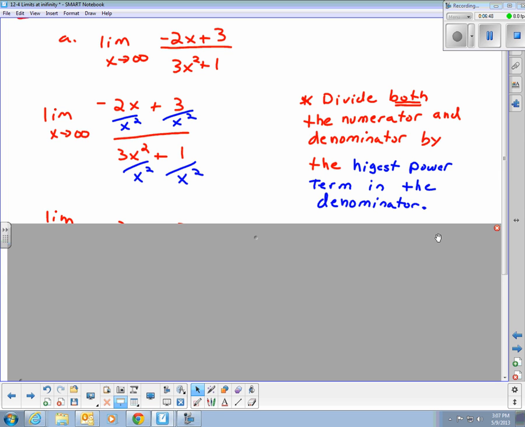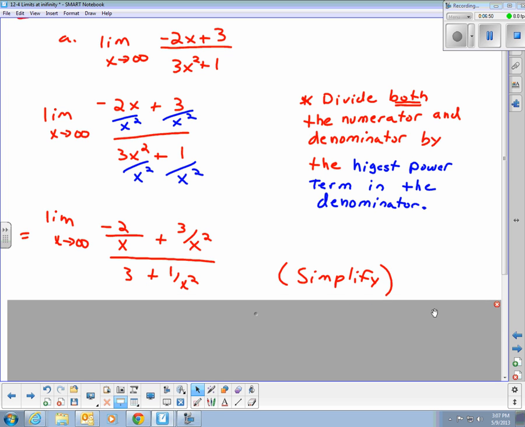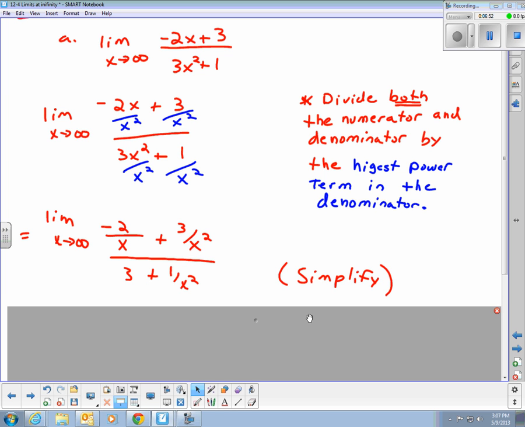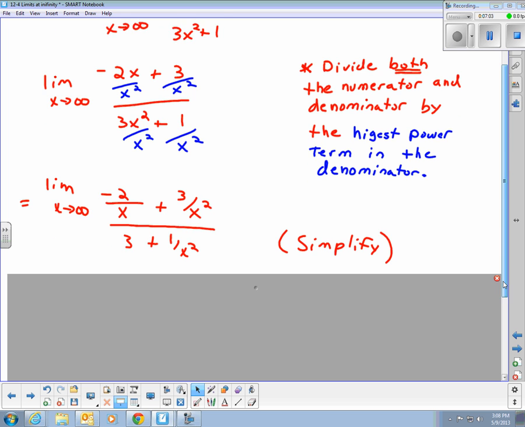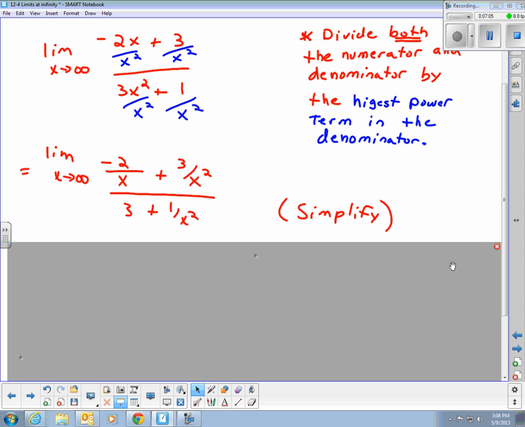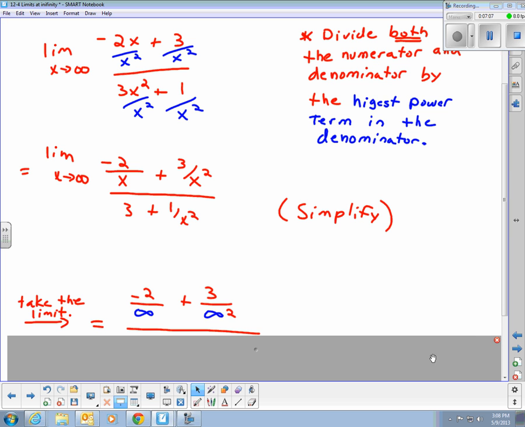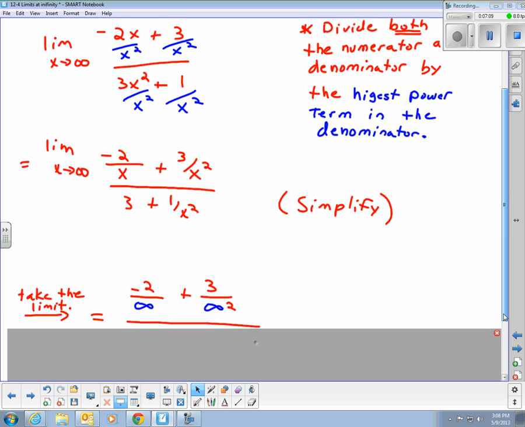Okay, so once we do the division, we just clean it up with some simplification. So cross out some x's here. This one we just leave as it is. The x squared in the denominator goes away, and this is 1 over x squared. So once we simplify, we simply take the limit. And that's what we're going to do next, take the limit.